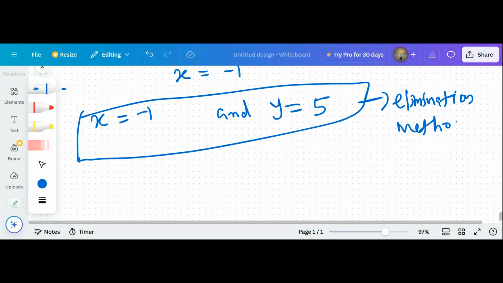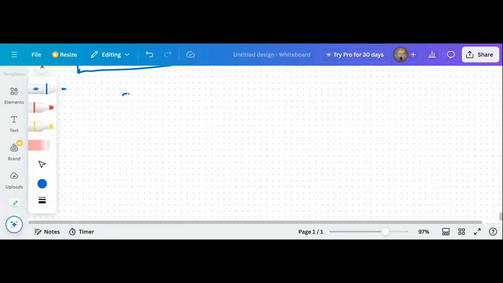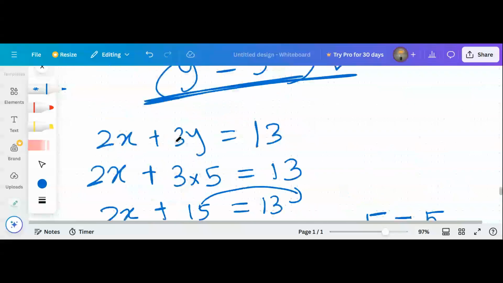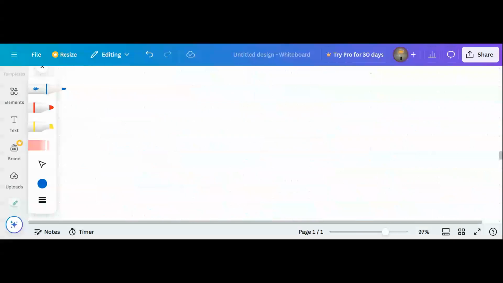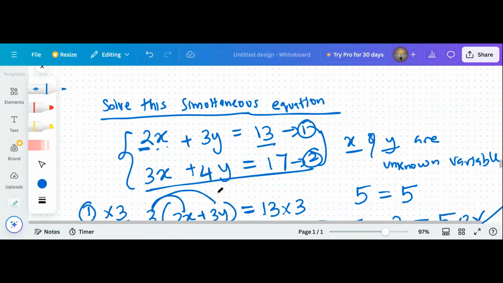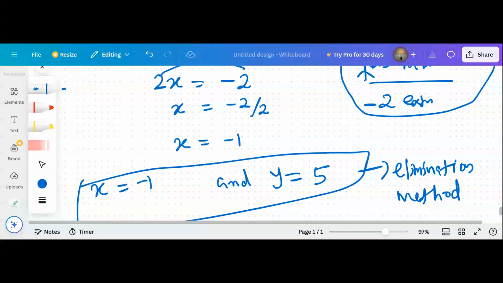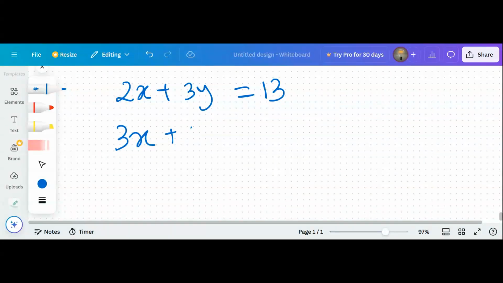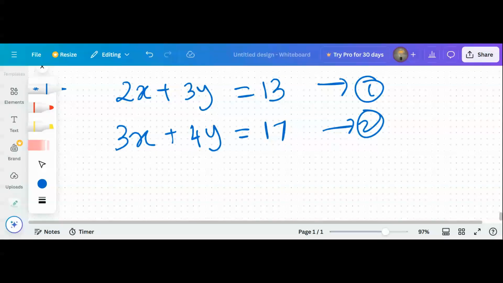At the start I told you there are two methods. So what is the other method? Okay, let's see. 2x plus 3y is equal to 13, equation number 1. 3x plus 4y is equal to 70, equation number 2.